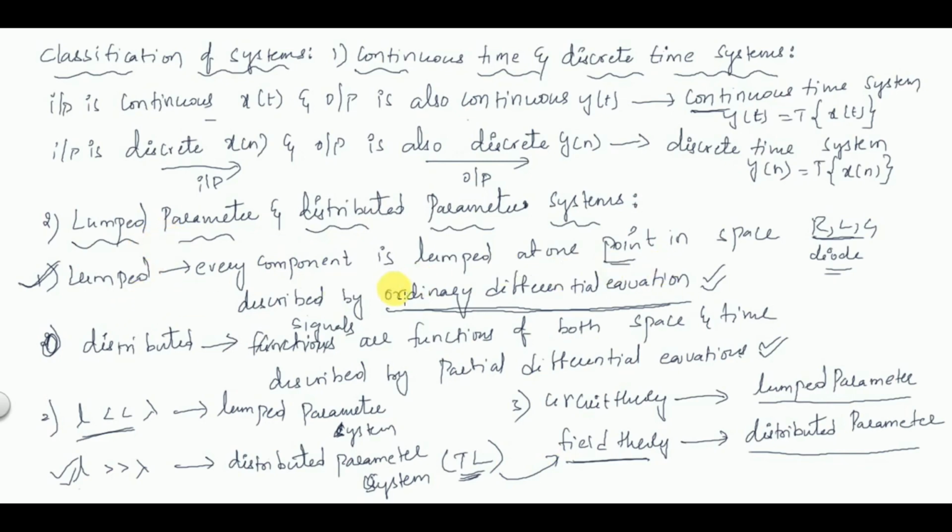That is why every component is at only one point. It will show the effect only at that particular point where it is connected. Such a system is called a lumped parameter system, and if it shows the effect along the total length, then that type of system is called a distributed parameter system.